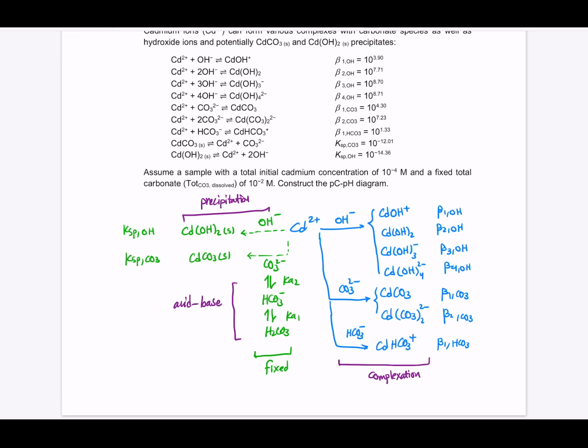So how many cadmium containing species do we have? Seven. Why seven?